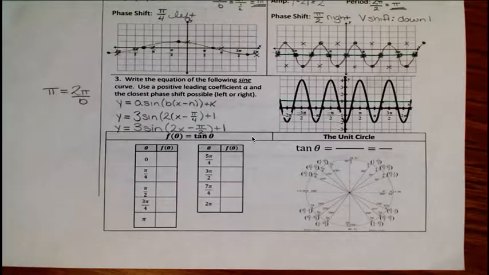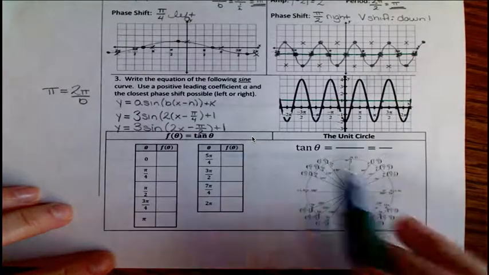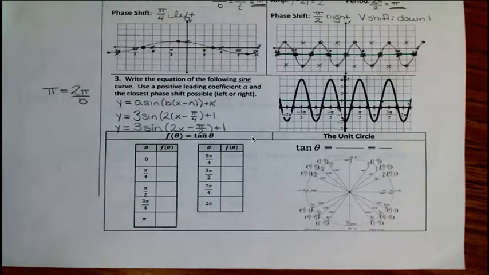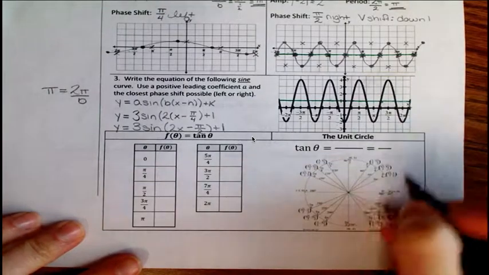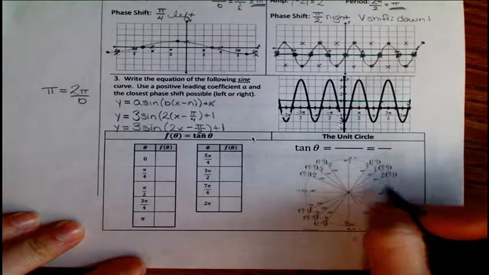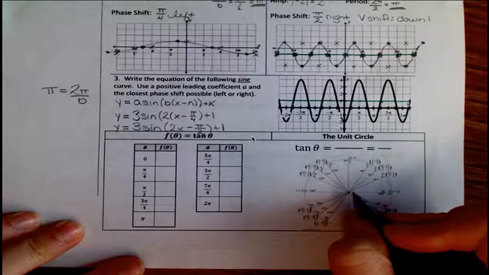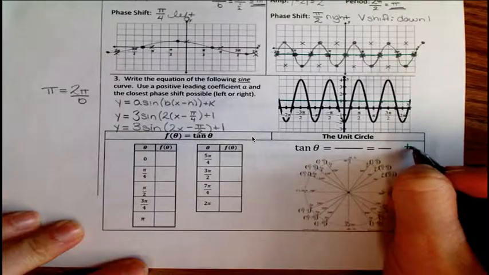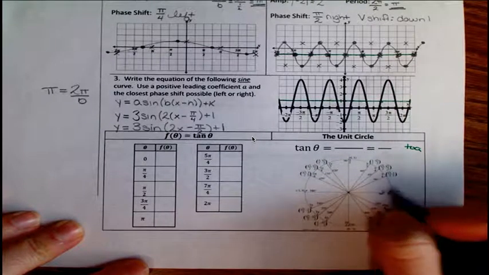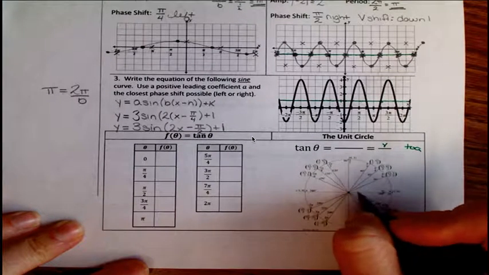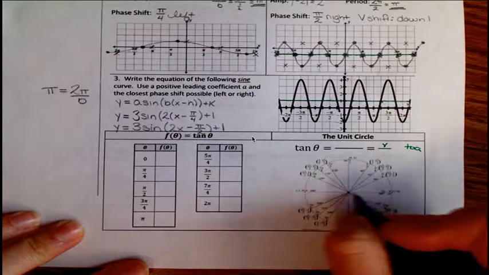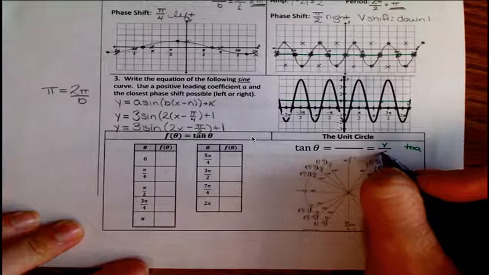Alright guys, we are working now on the second part of this video, which is tangent graphs. So I want to first remind you, what is tangent? How do we find tangent? Well, when you were working in your unit circle, tangent would be opposite, which would be your y value, over the adjacent, which is the x value.